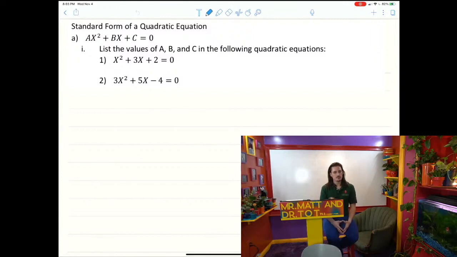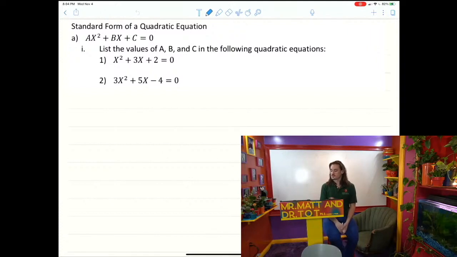The leading coefficient is always the one next to the variable squared. They can be rearranged, but remember that addition is commutative, so order doesn't matter with addition. So you can always reorder them so that the leading coefficient, the a value, does come first, and so you can most easily identify it. Remember that if it has no coefficient, it's implied to be 1.